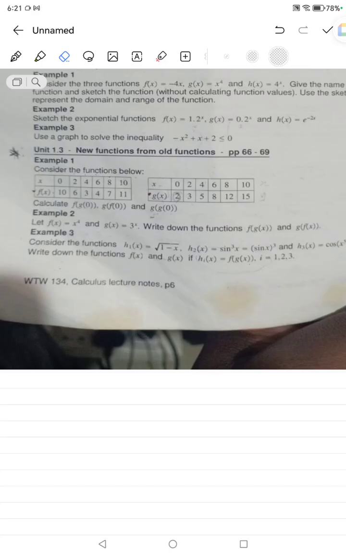So with these ones, your new functions from your old functions, we're basically working from the internal function going outside. So what do I mean?